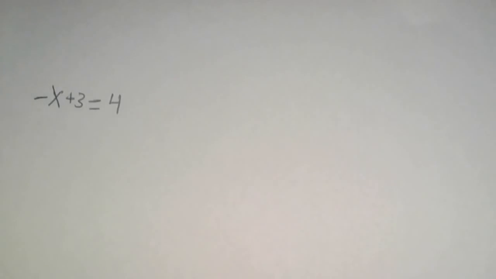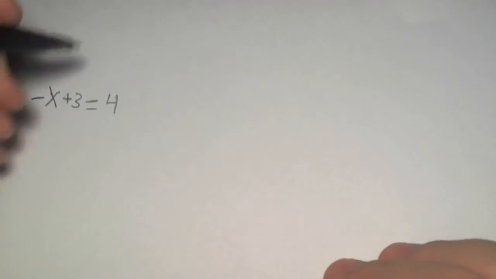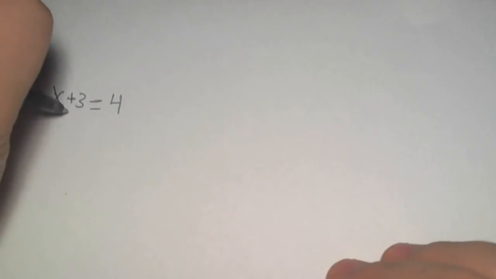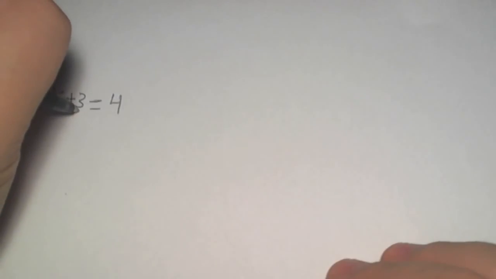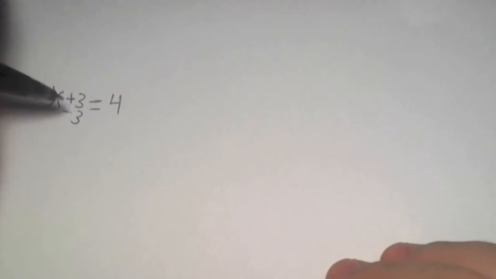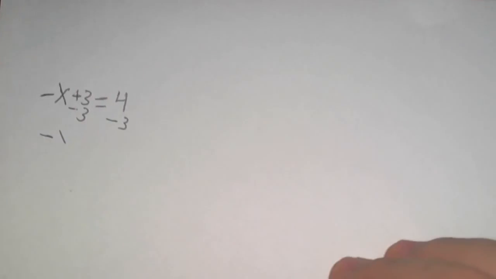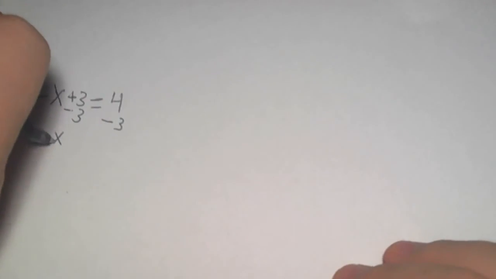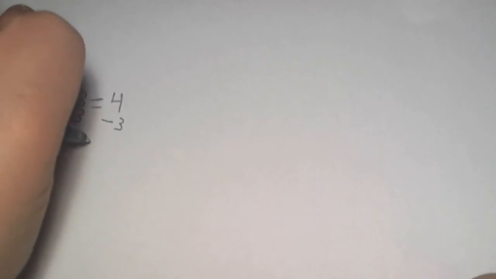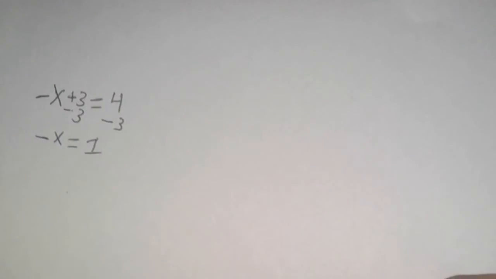So to start off, you get negative x alone. The inverse of positive 3 is negative 3, or minus 3. And what you do on this side, you have to do on this side. That gives you negative x equals 1, because 4 minus 3 is 1.